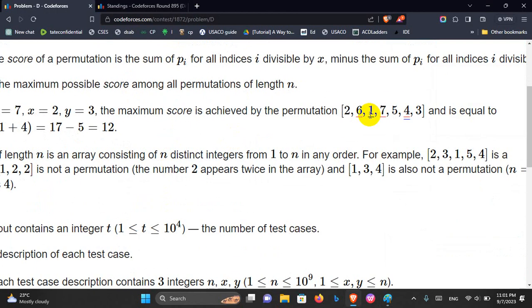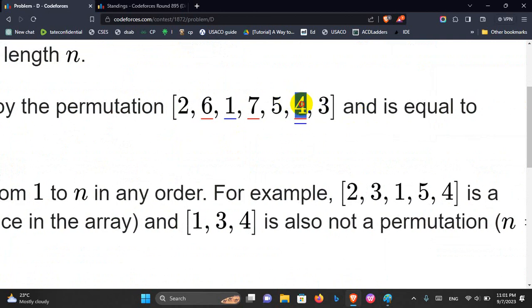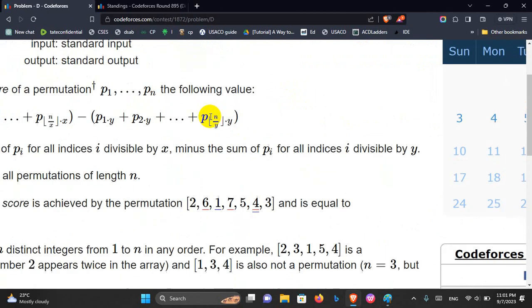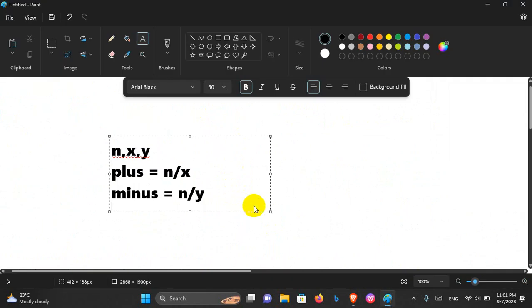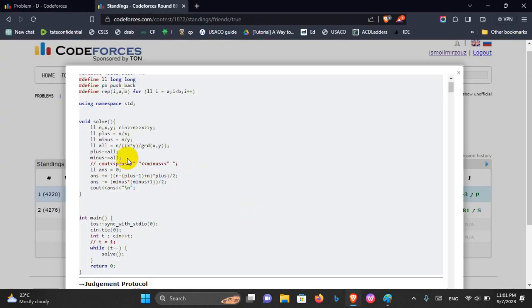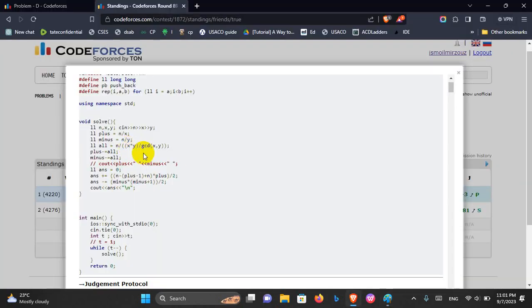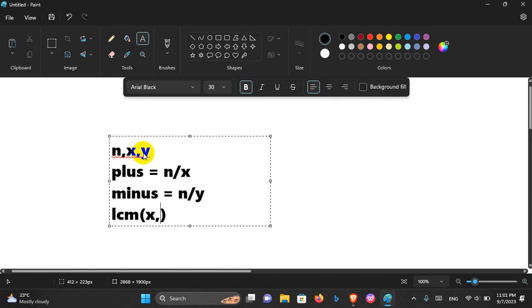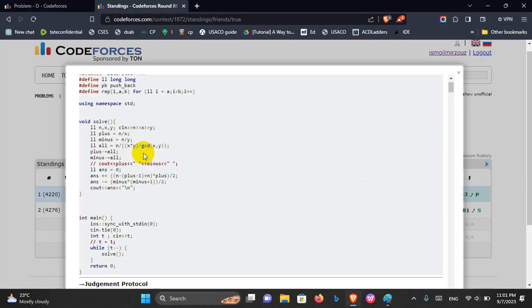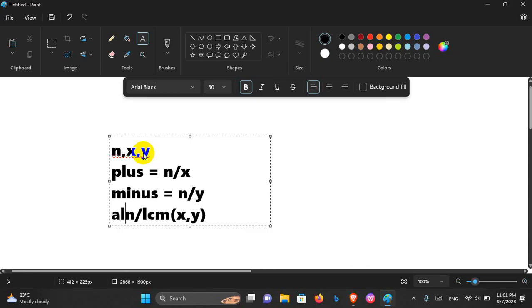But there are some values that intersect. When they intersect, 4 minus 4 is 0, so we don't consider them. The number of these would actually be n divided by the LCM of x and y, and we call it the intersection value. So this is first.